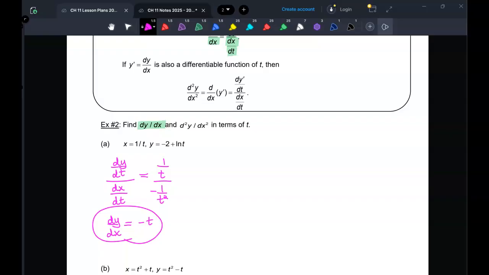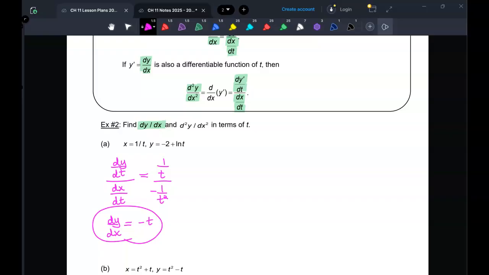Now the second derivative. If I want to find the second derivative, I'm going to take the derivative of y prime, so y prime is dy dx, right? So we're going to do d of y prime over dx dt. Do we take that original fraction and go from there? Yeah.